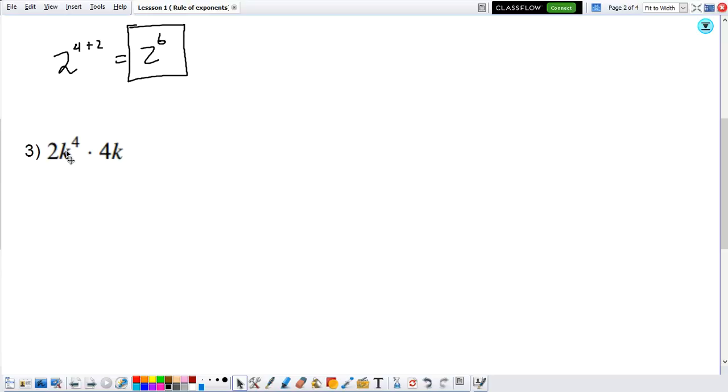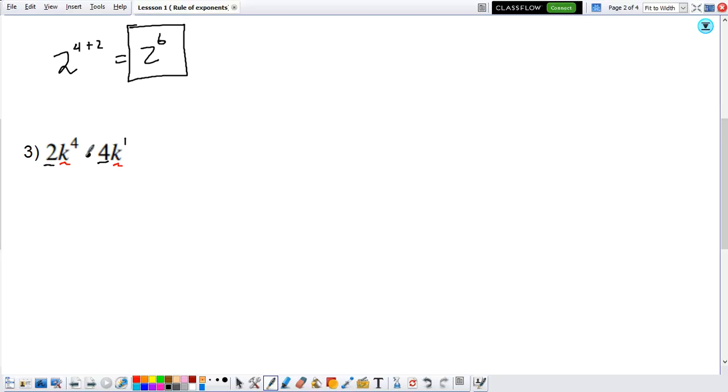Let's look at our third example here. First thing you need to ask yourself, do they have the same base? Yes. Okay. But now notice that this time we have numbers in front of those variables. So what we do in this case is, you're going to multiply the numbers, and those which have the same base, you're going to add the exponents. Here, if there's no exponent, there's always an imaginary one.